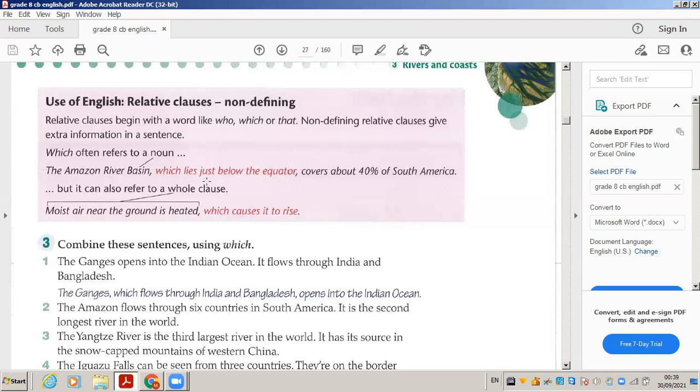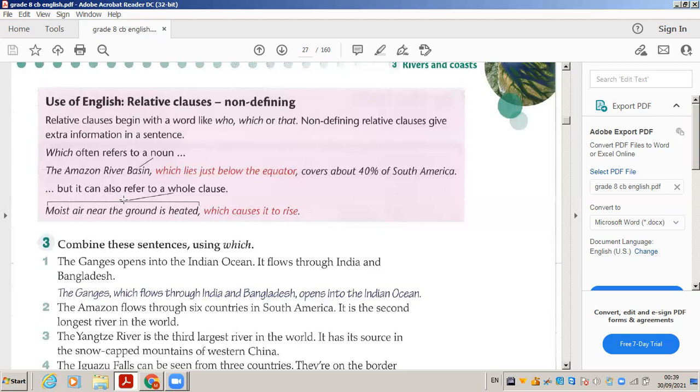You have to notice the punctuation of non-defining relative clauses. As you can see, the non-defining relative clause is surrounded by commas, before and after it.